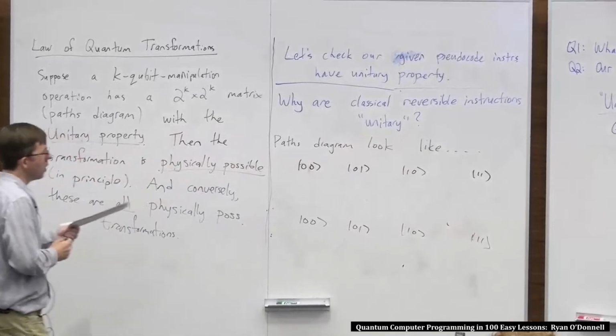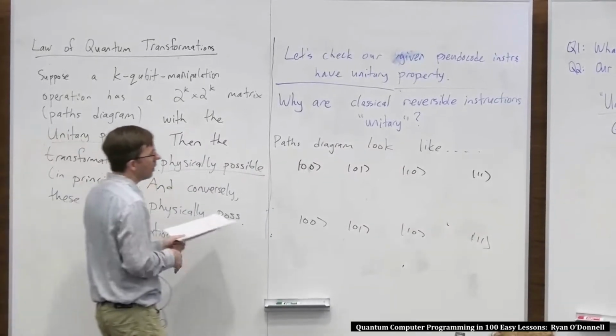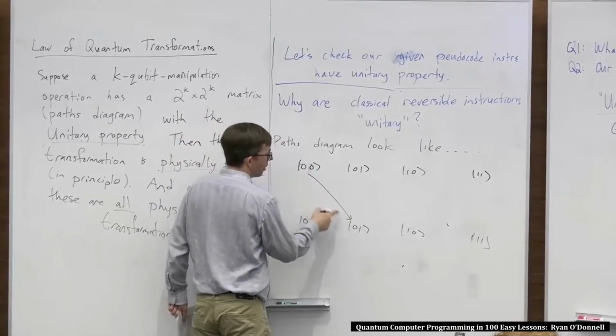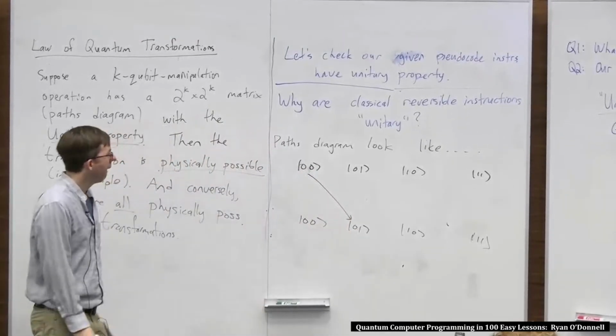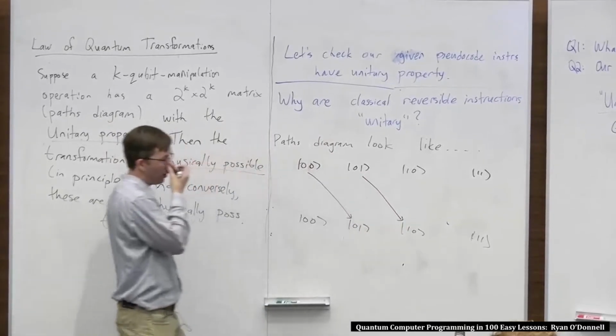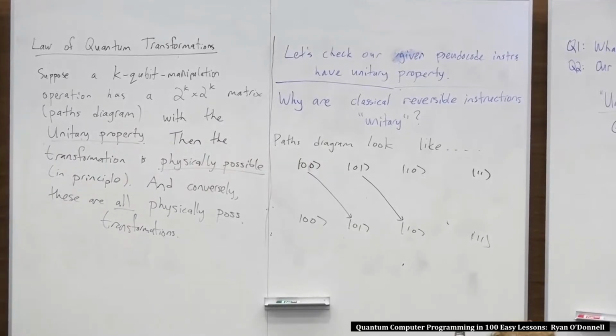And because it's kind of classical, if you start in a basic state, you just, with all amplitude, go to some other basic state. So we just have arrows, and all of them are implicitly labeled by 1.